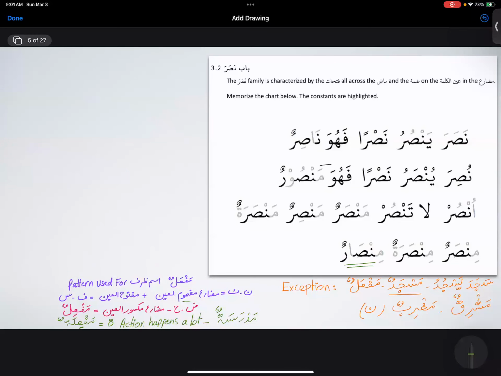Maf'ul. So if it is maf'ul, what does that mean? Passive. Madmumul ayn is when the Mudari has a dhamma on the ayn kalima.